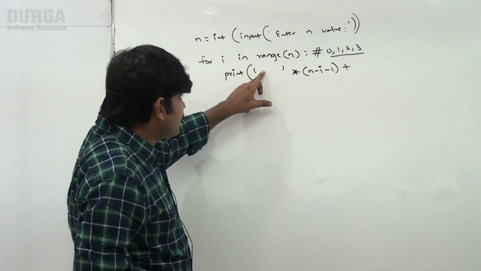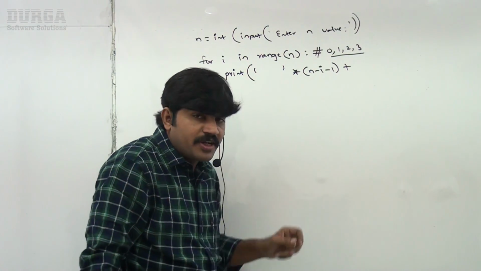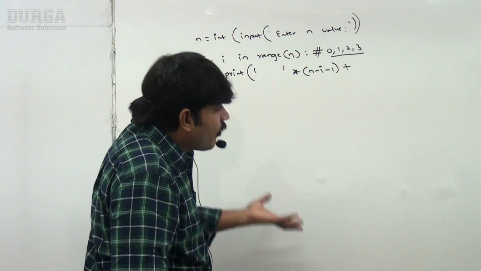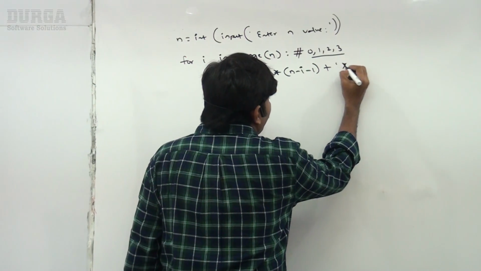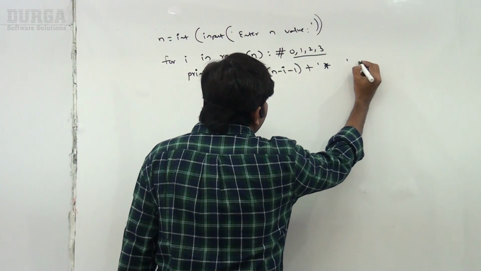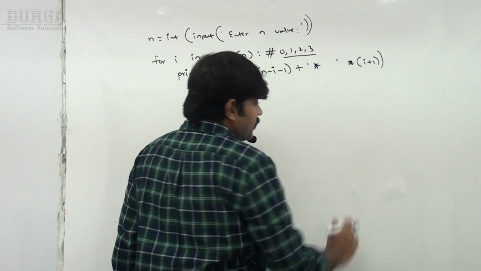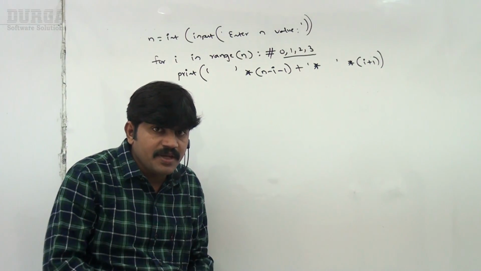Space symbol followed by space separator, we have to print n minus i minus 1 number of times. Plus, next, followed by stars. How many stars do I have to take? Star followed by space, how many times? i plus 1 number of times. If I take it like this, the first half of the pattern will be ready, sir.